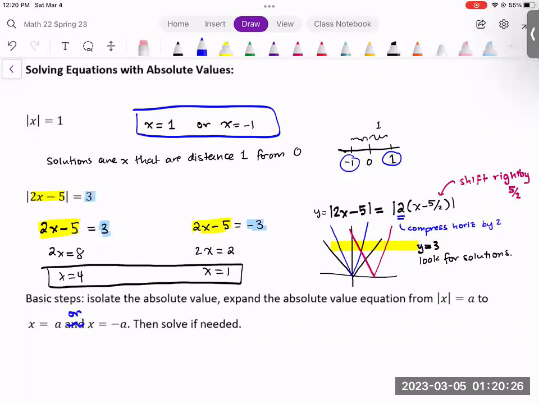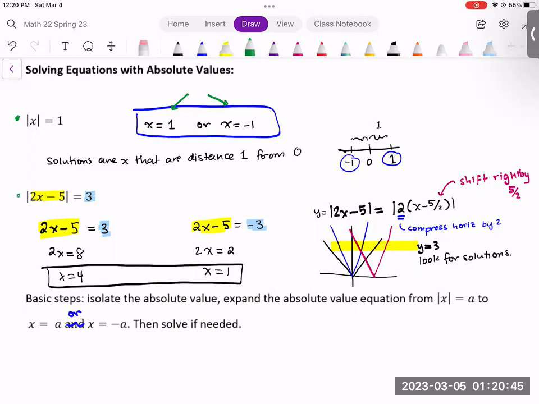So that's really what we were doing here. We had this already isolated and we expanded it into these two equations. So the two mean the same thing, just writing it out more fully.